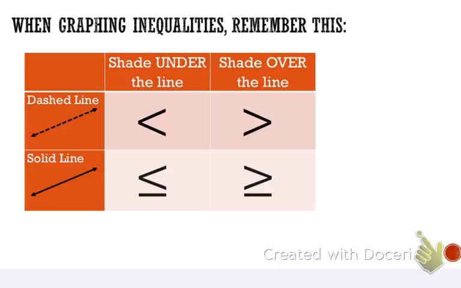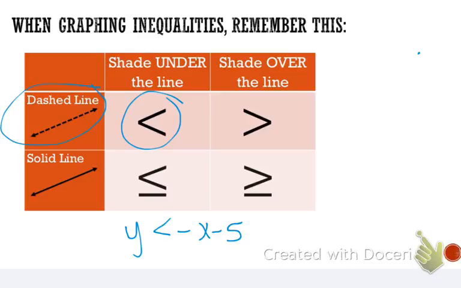Let's say, for example, you had this inequality. We're using the less than inequality. This means that, first of all, you're going to have a dashed line. It could be a positive dashed line or a negative one.